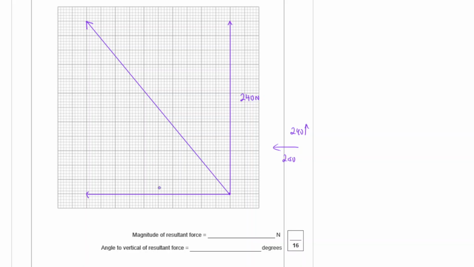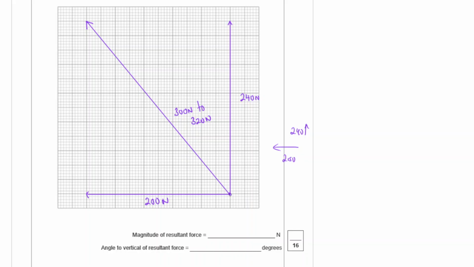Now, could you use Pythagoras theorem here? I wouldn't use Pythagoras theorem. That's why they have given us the grid. With 200 Newton, when you do measure it, it should be within the range of 300 Newton to 320 Newtons in length.